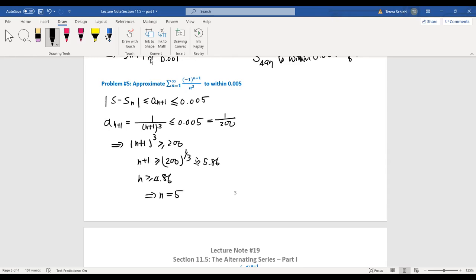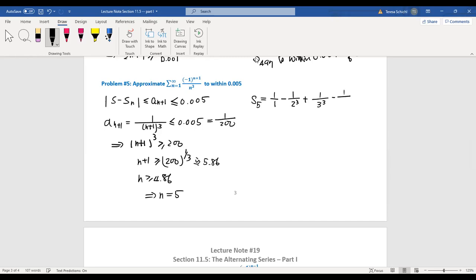So I know S5 will give me a number pretty close. Let's take a look at what S5 is here. S5: n equal to 1 is 1, and n equal to 2 is minus 1 over 2 to the 3rd. N equal to 3 is a plus again, 1 over 3 to the 3rd.